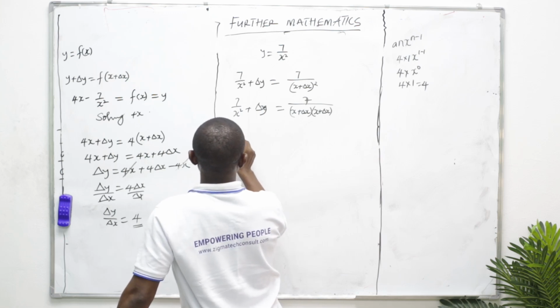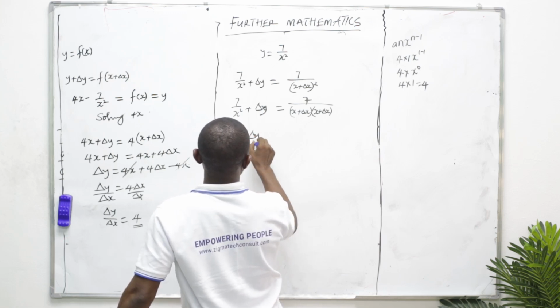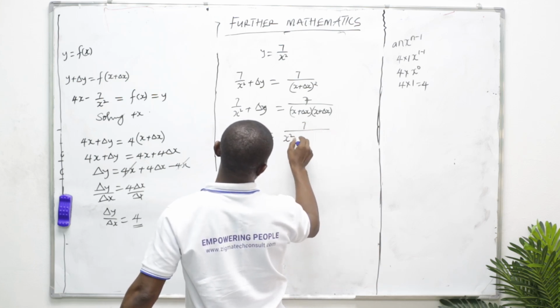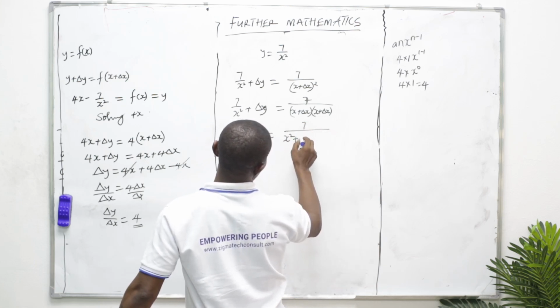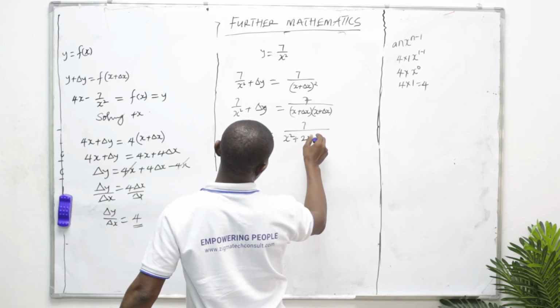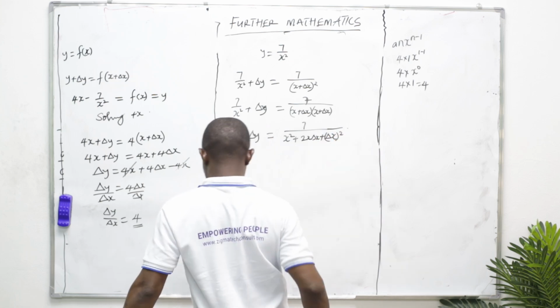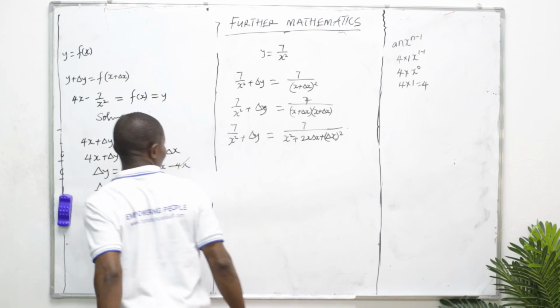7 all over s squared plus change in y equals 7 all over s squared plus 2s change in s plus (change in s) all squared. This is what we have now.